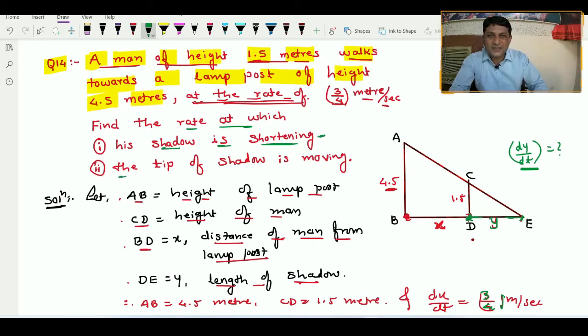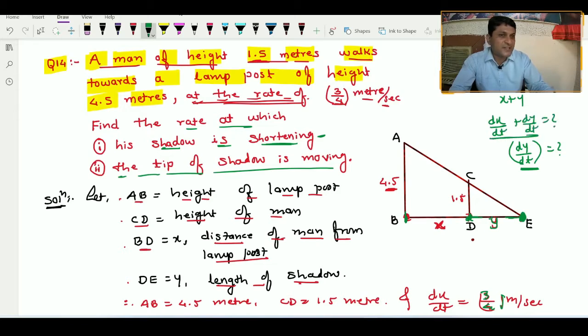And second, the rate at which the tip of the shadow is moving. The tip of the shadow we have denoted by E. So the distance of this E from the lamppost is nothing but x plus y. So our second required value is dx by dt plus dy by dt, isn't it? This is our second required value.